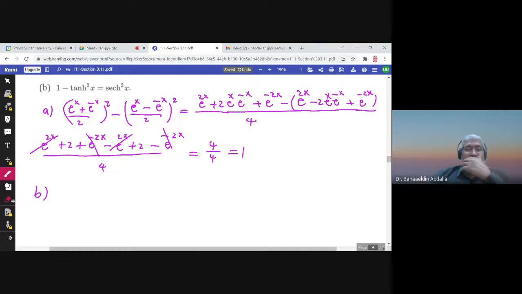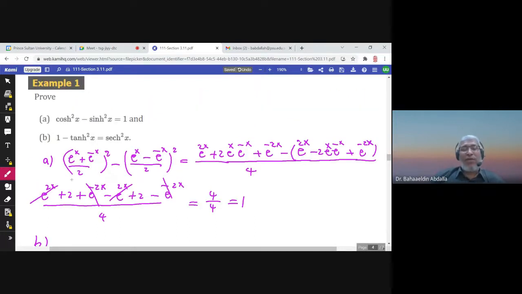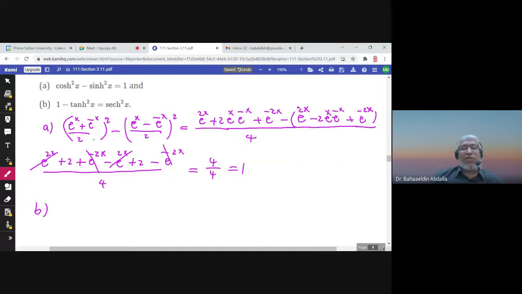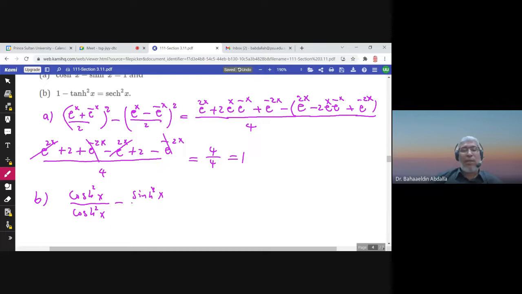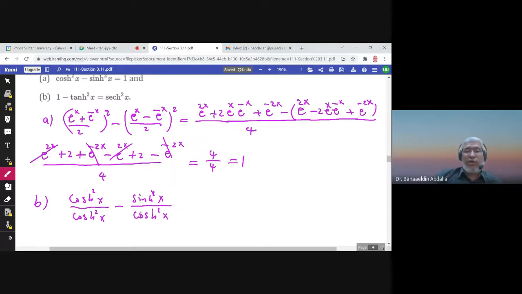Sorry, A. Part B, you can find part B from part A if you just divide both sides in part A by cosh square x. So I'm writing part A as it is, the left-hand side of part A, and I'm dividing by cosh square.